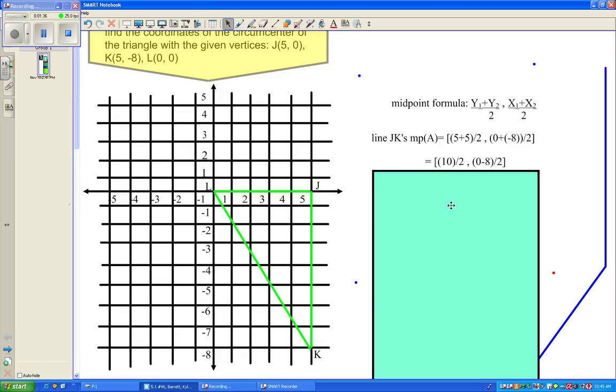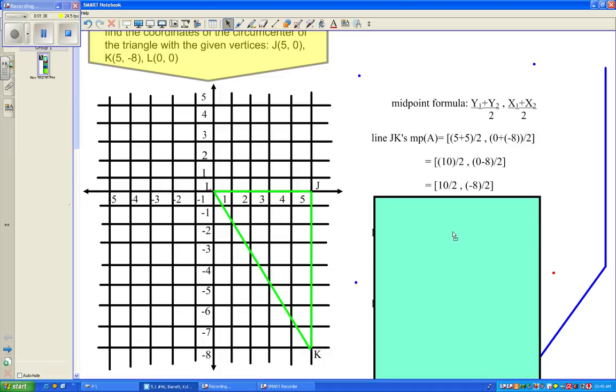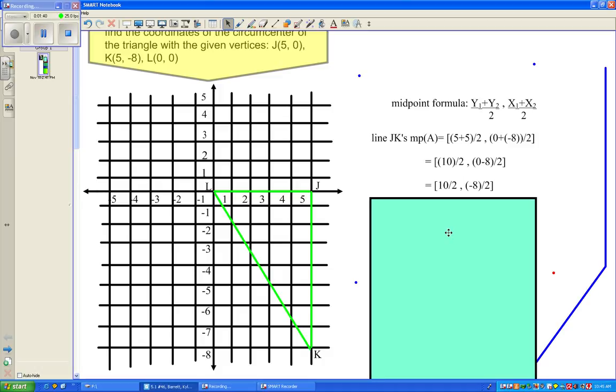So we simplified some more, and that equals 10 divided by 2 and -8 divided by 2. So the final product is (5, -4). So we're going to graph that as A. And there it is.